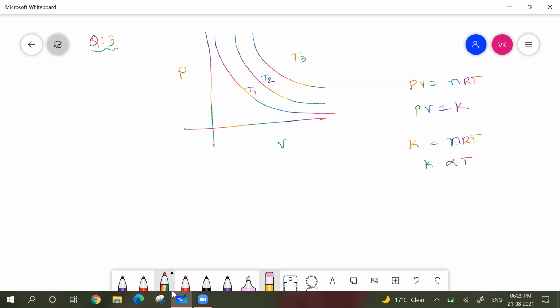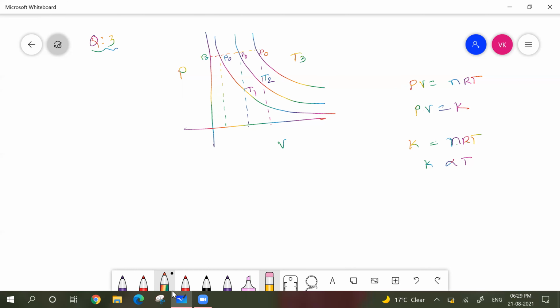Okay, so here, let us say at this point, the pressure value is P naught. Here also P naught, here also P naught, here also P naught. At this pressure, if you see the volume, P naught is having less volume here, and here it is having more, and here it is having furthermore.